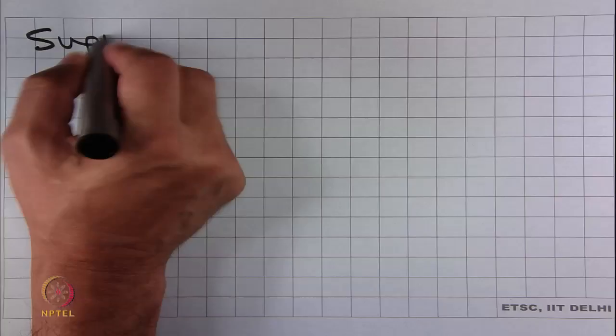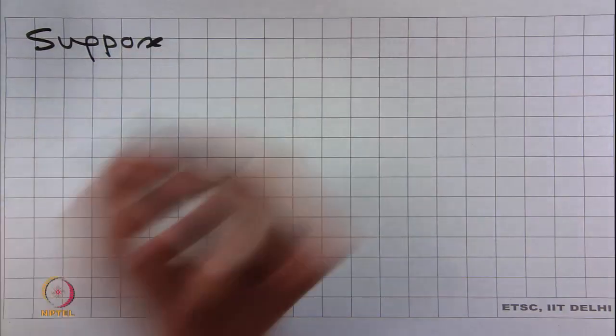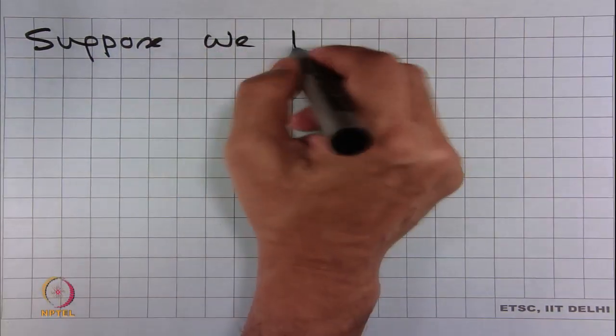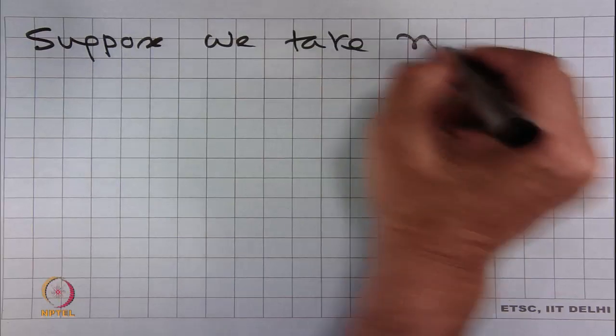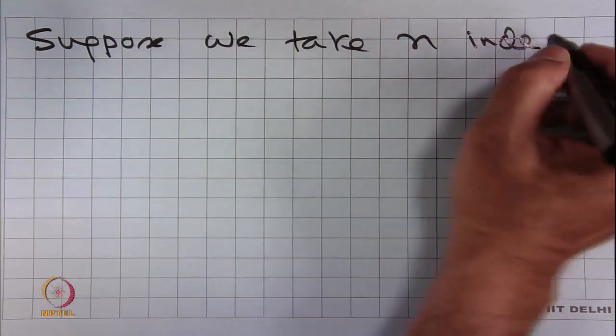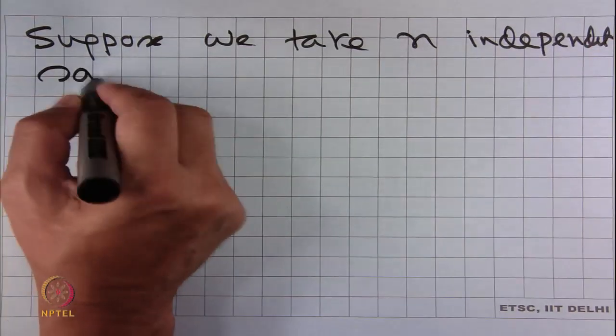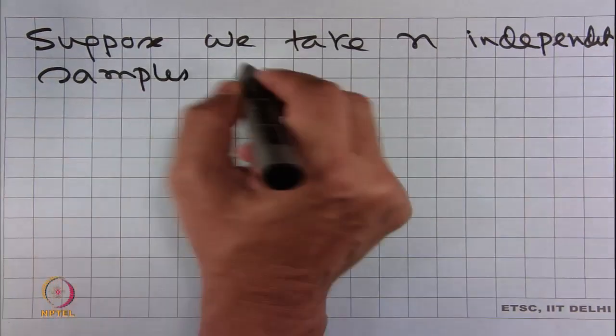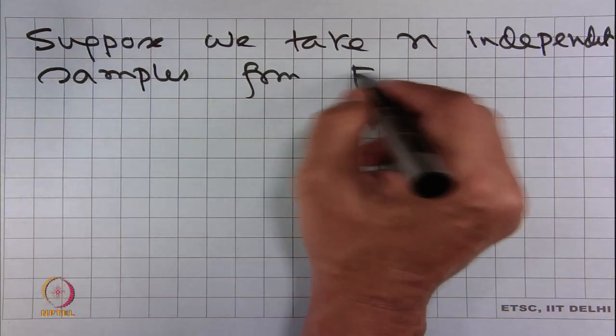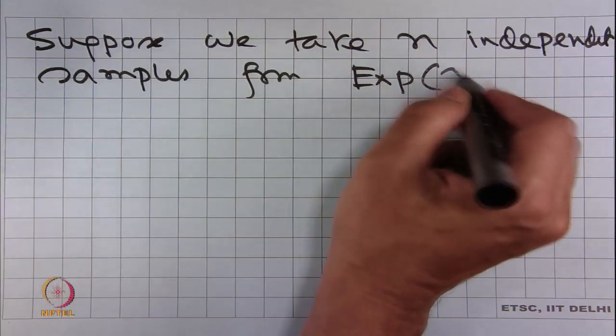Now, suppose we take n independent samples from exponential lambda.